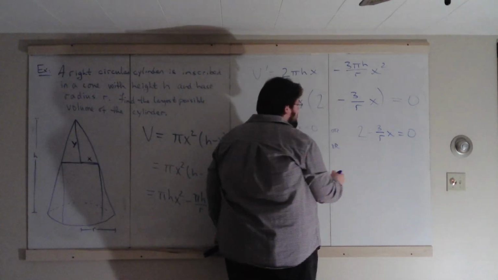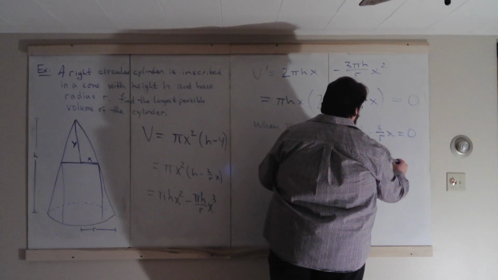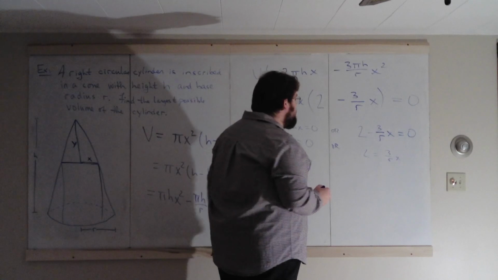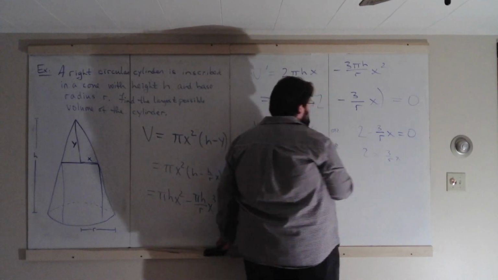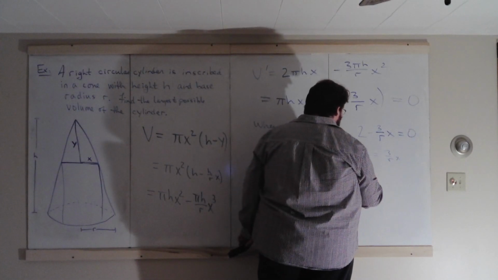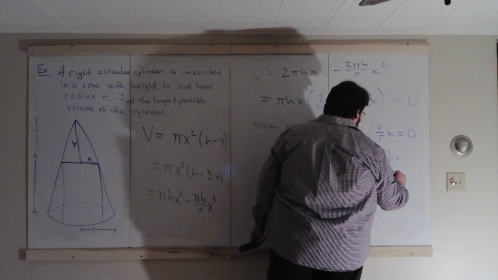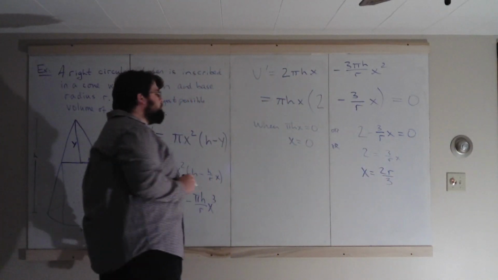Or when 2 equals 3 over r times x. Add 3 over r times x to both sides. Multiply by r, divide by 3. So x is 2r over 3.